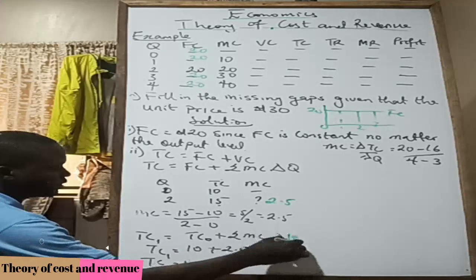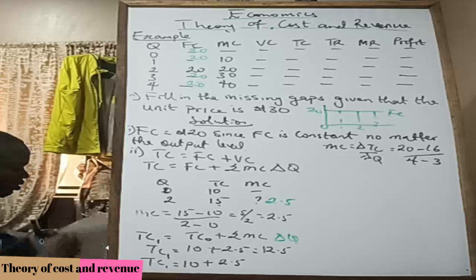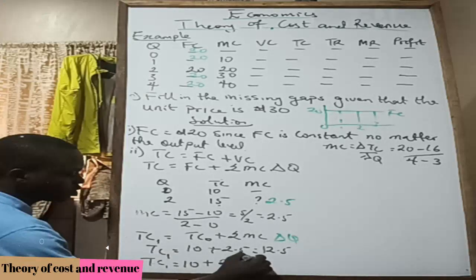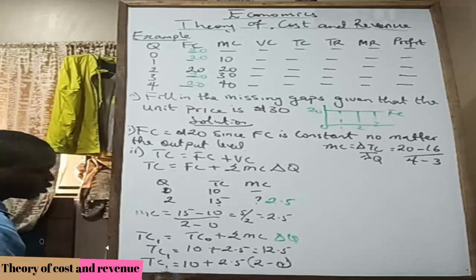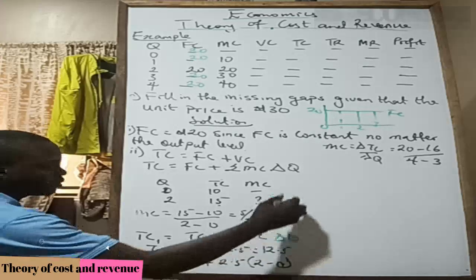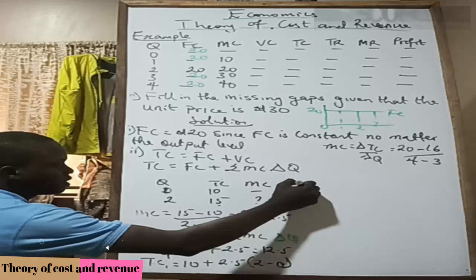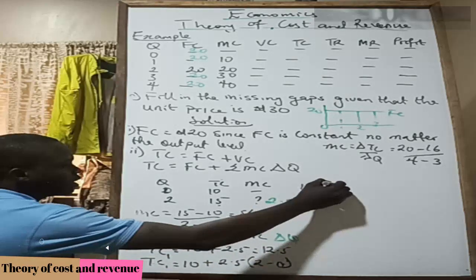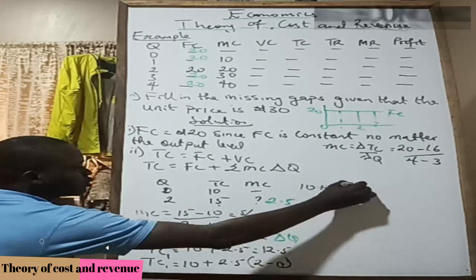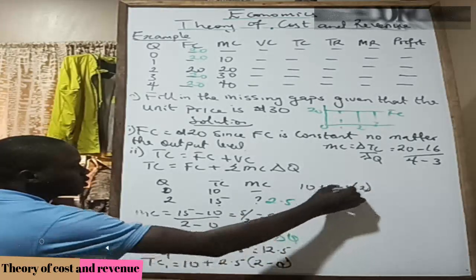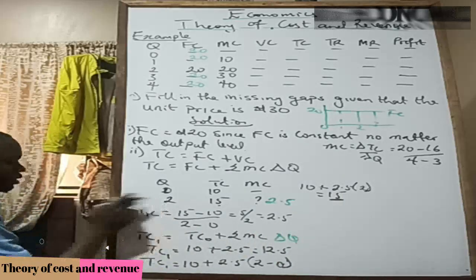That change in Q is 2 minus 0. So you have 10 plus 2.5 times 2 minus 0. That's 10 plus 2.5 times 2, and that will give us 15. So our total cost here is 15.